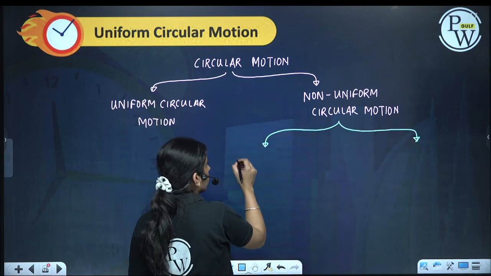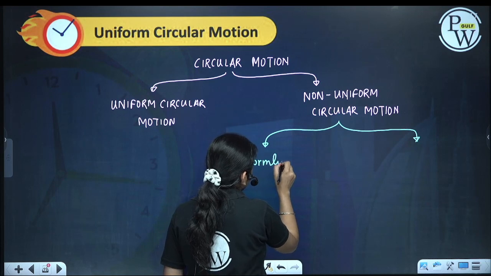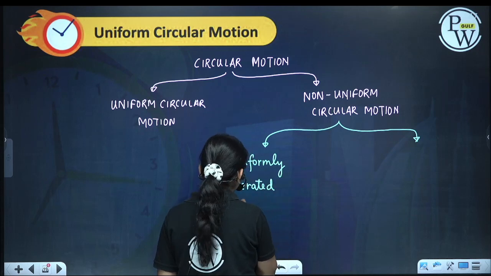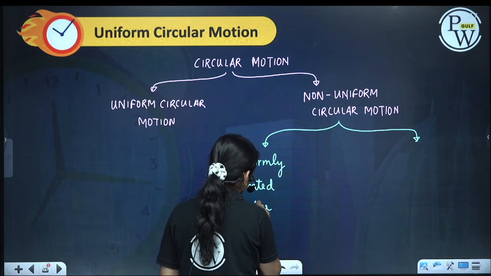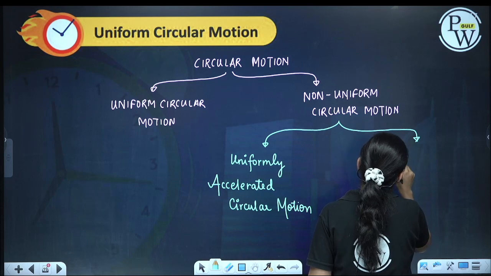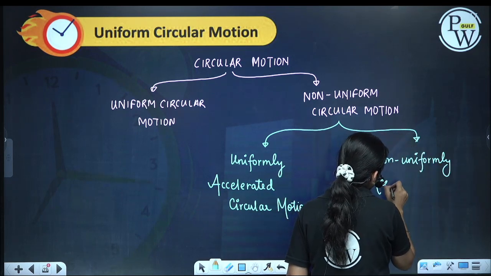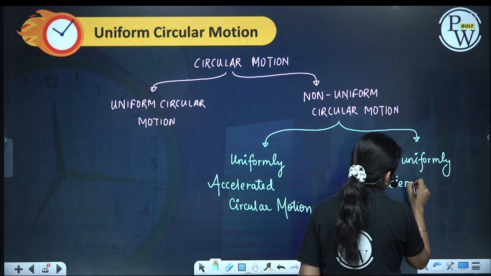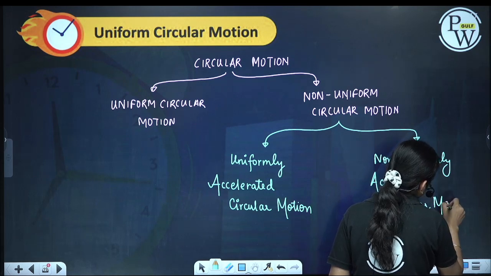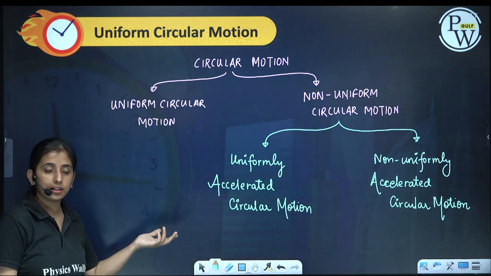Non-uniform circular motion is further of two types: uniformly accelerated circular motion and non-uniformly accelerated circular motion.